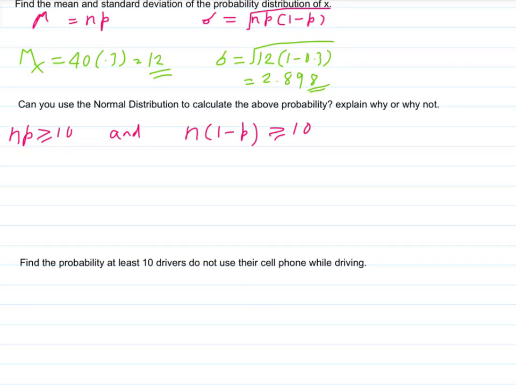Both conditions must be satisfied. So let me check. We already know np, which is the mean, is 12, therefore it is greater than 10. True. Next, n(1 minus p): n equals 40 and p equals 0.3, so 1 minus 0.3 is 0.7, and this equals 28, which is greater than 10.